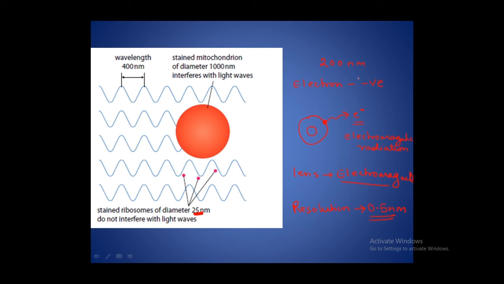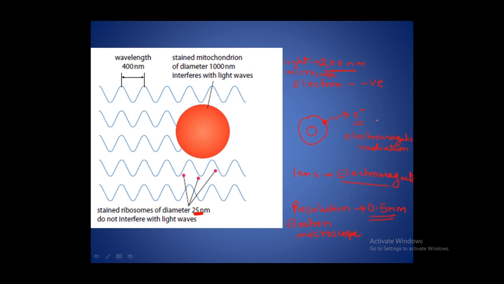The light microscope has only 200 nanometers, whereas in the case of the electron microscope, the resolution is 0.5 nanometer. So you can see there is 400 times better resolution compared to the light microscope.